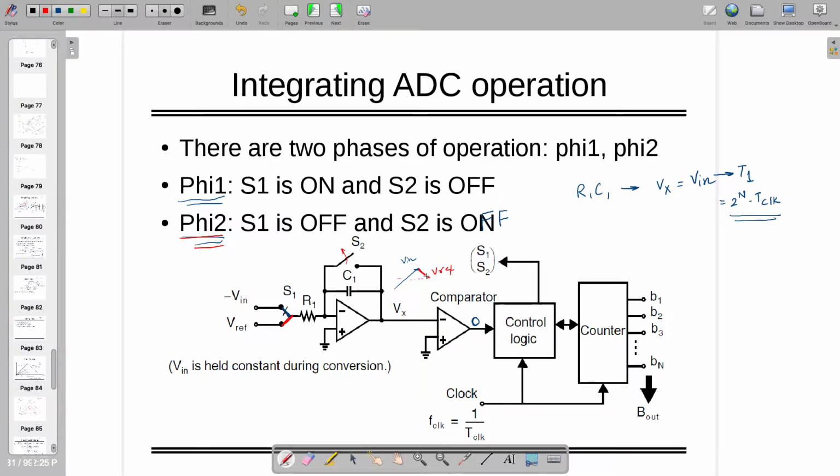So when it reaches Vref, it stops. It's not shown here, but in reality this value was reaching minus V in at one time, and another time when you are adding some plus value, it keeps on trying to reach 0.